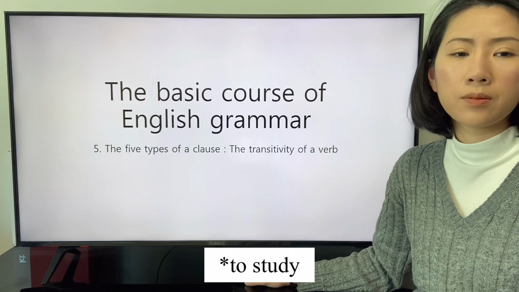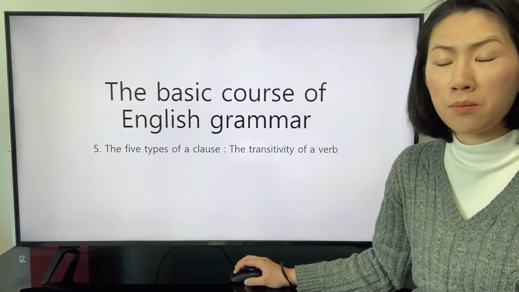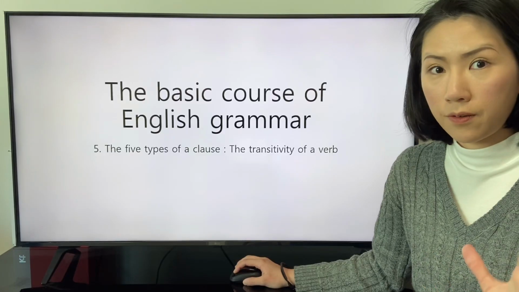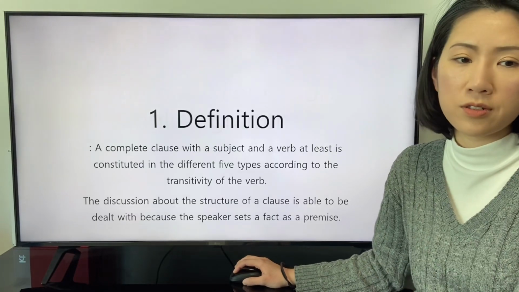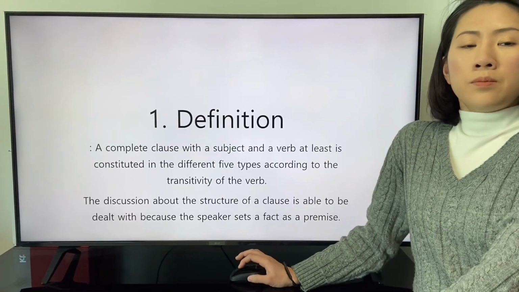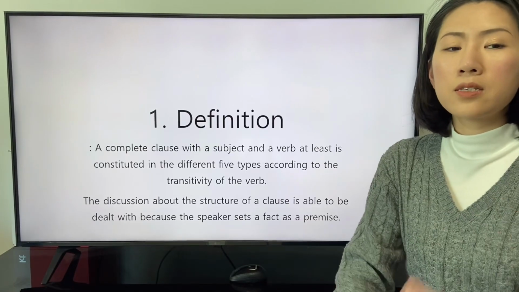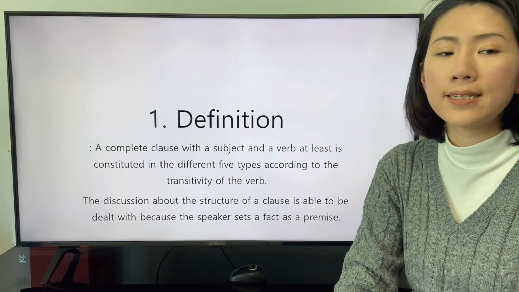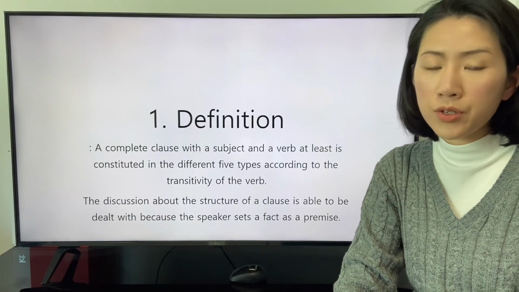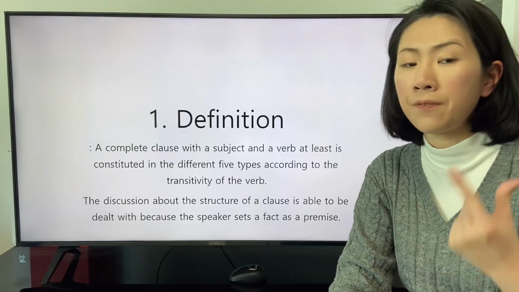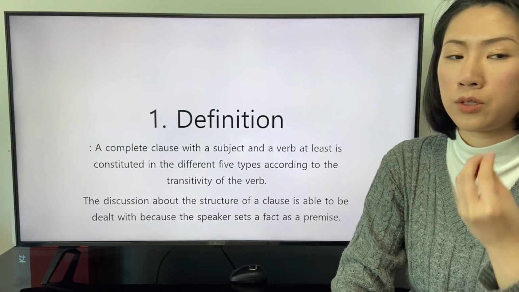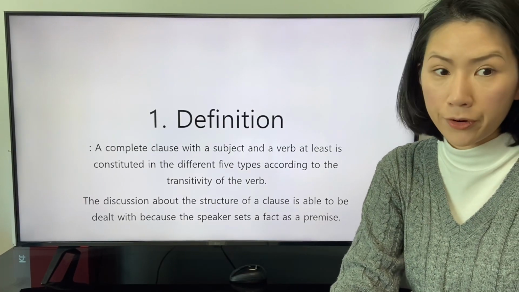Let's start from the definition of the 5 types of a clause. A complete clause with a subject and a verb at least is constituted in the different 5 types according to the transitivity of the verb.